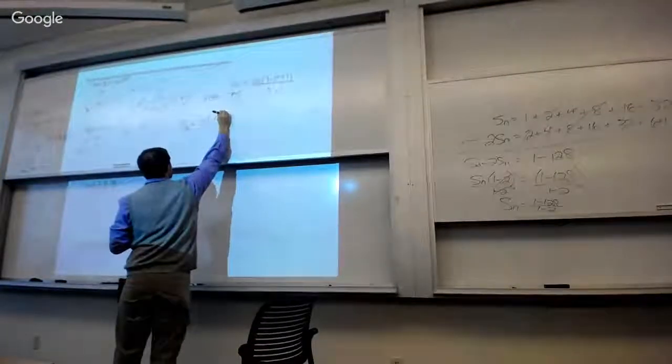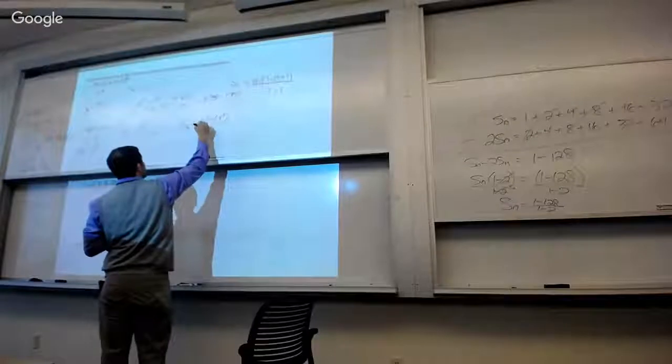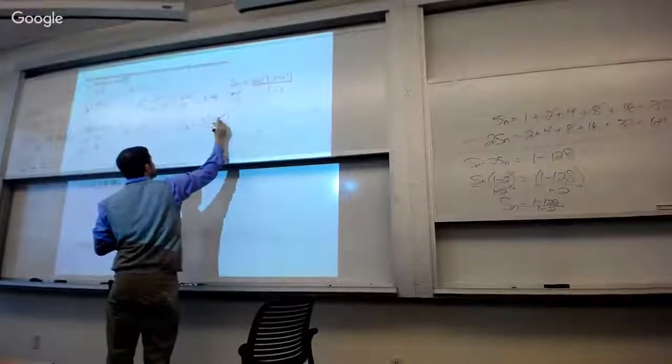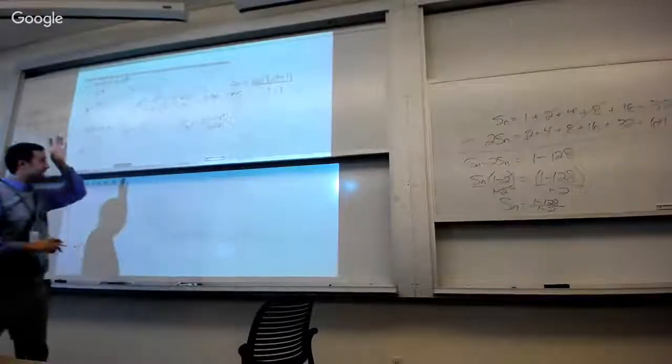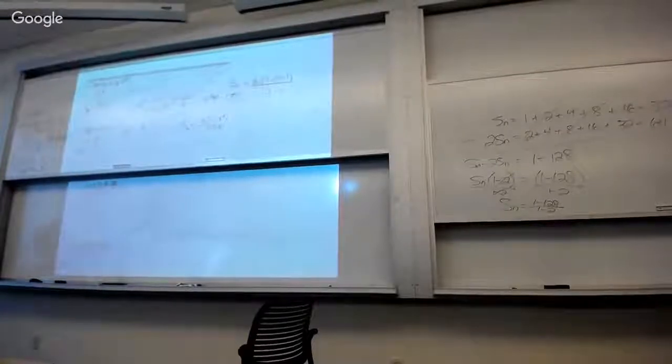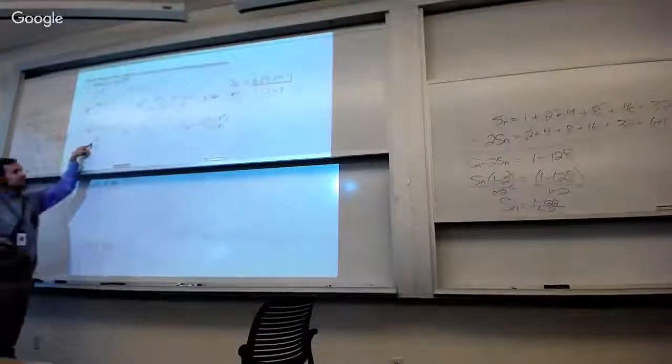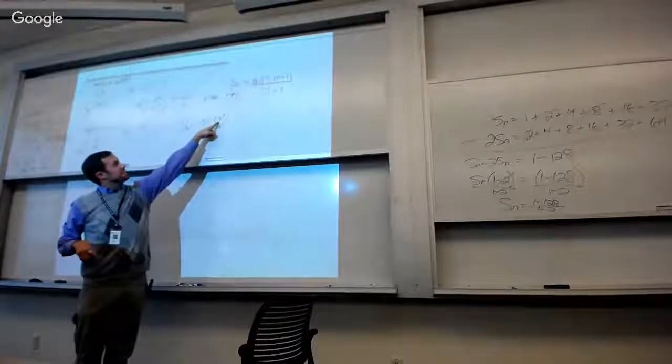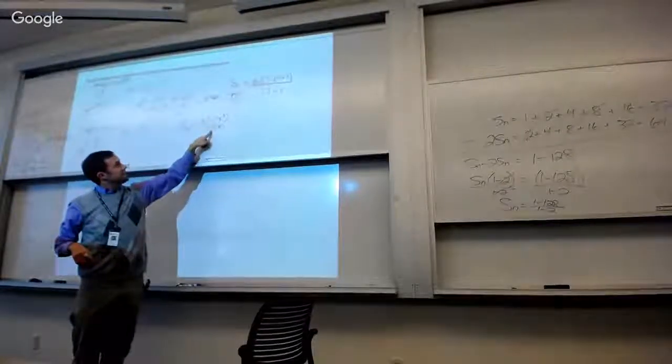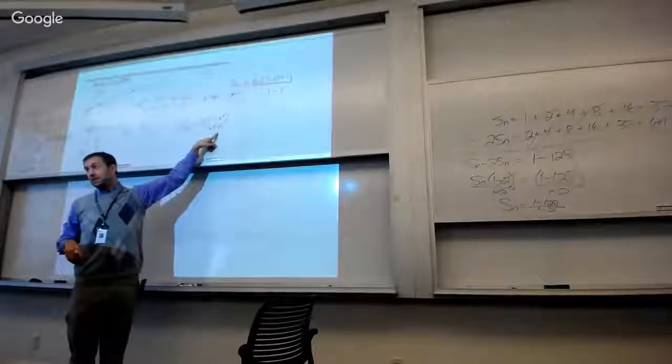So now I've got the 5th over 1 minus -3. Notice how carefully I wrote that down. You really need to use those parentheses in the numerator and the denominator because in this case our common ratio is negative, and that means you're raising a negative number to a power in the top, and in the bottom you're doing 1 minus a negative, so it's a double negative.